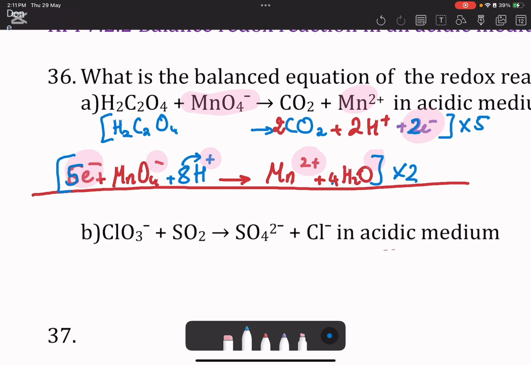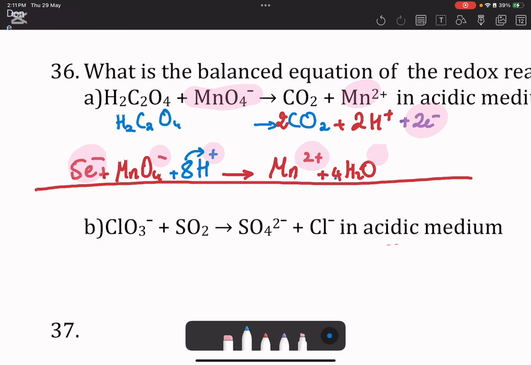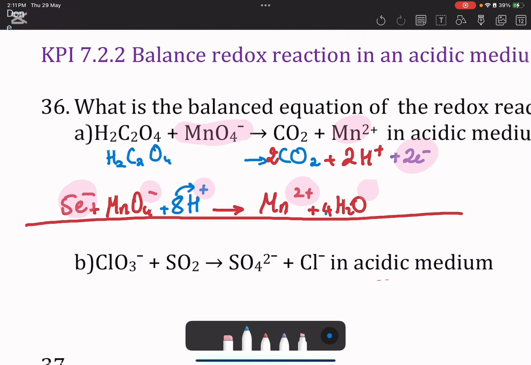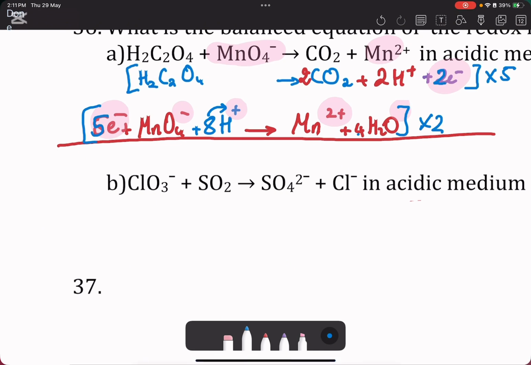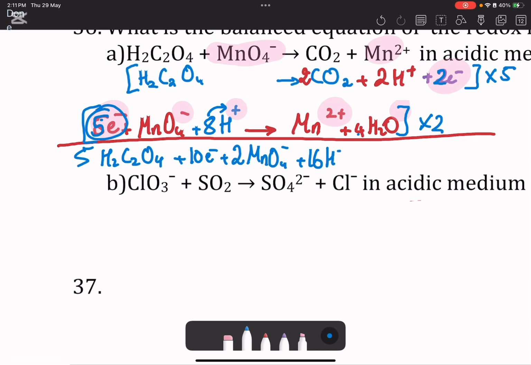And I start copying it again. So 5 H2C2O4 plus 10 electrons here plus 2 MnO4 minus plus 16 H plus.